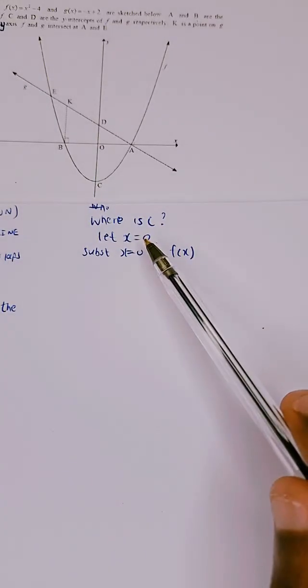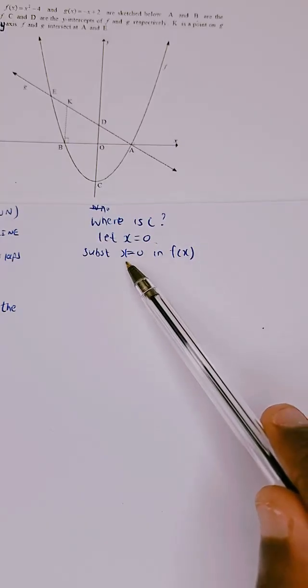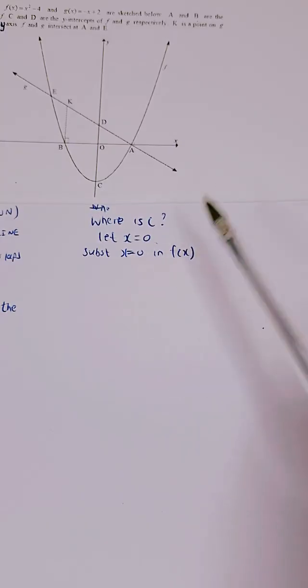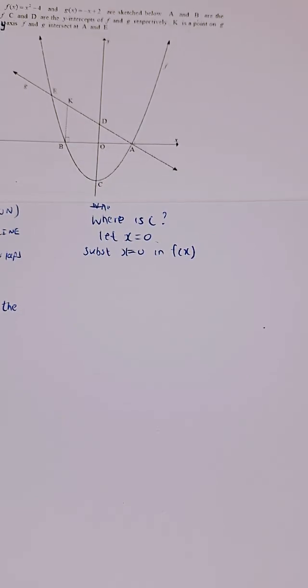So where C is, as I was saying to you, grade 10s, we are going to substitute the value of x, which is 0. Oh my goodness, Dr. Motsamai, the man has come out guns blazing. Thank you so much, Dr. Motsamai, for the much appreciated paper crane. Thank you so much, Dr. Motsamai.